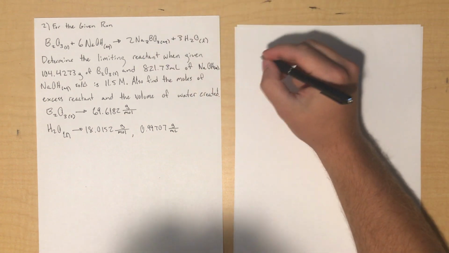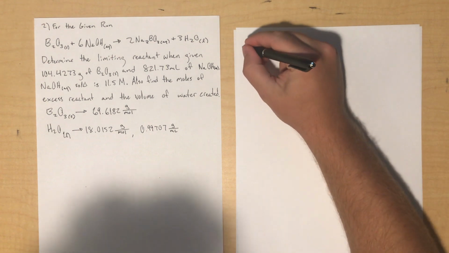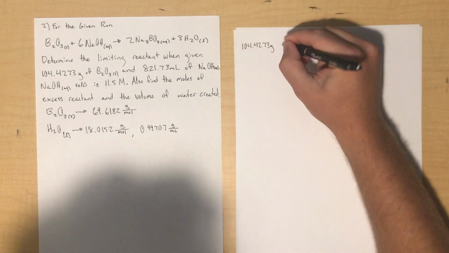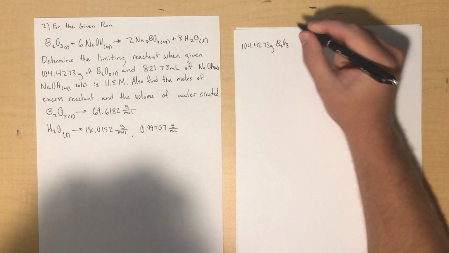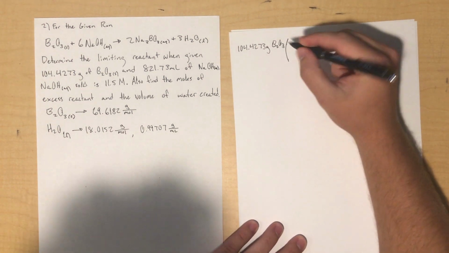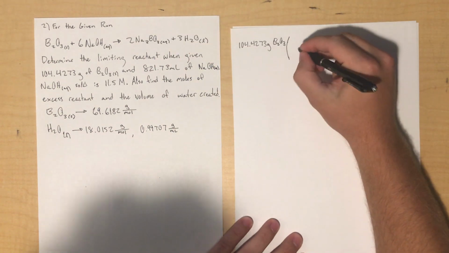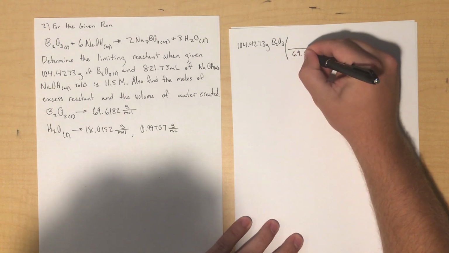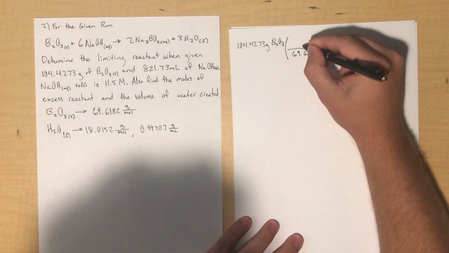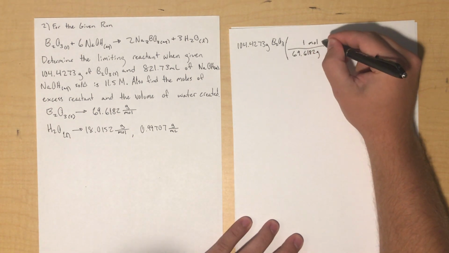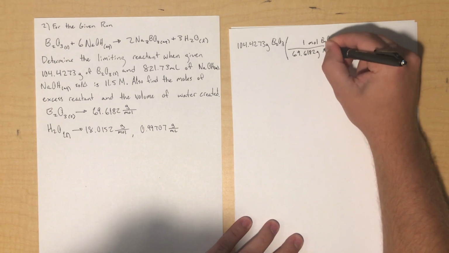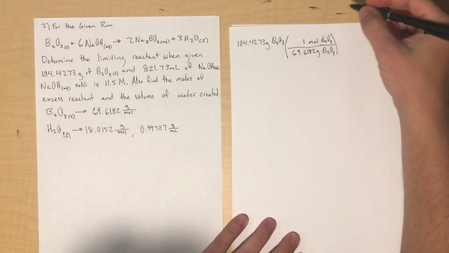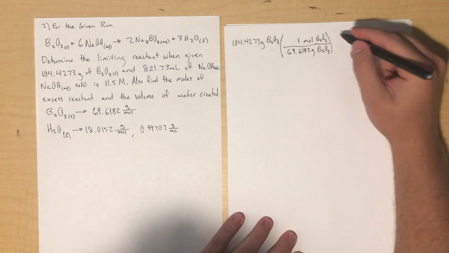So I'm going to start with B2O3, and the mass is there. And we want to convert it into moles. So we have our molar mass down here. Always remember to include your units here, especially what you're actually converting, like the B2O3.